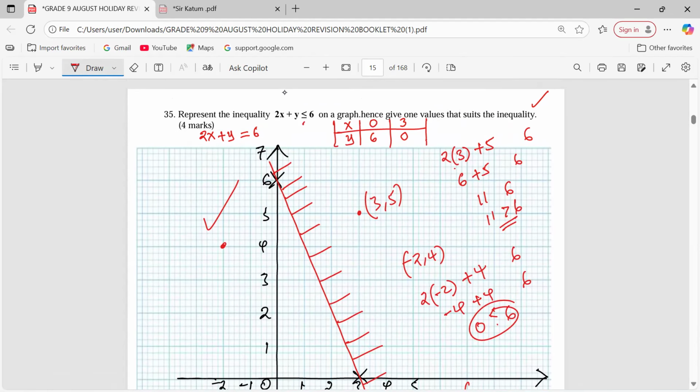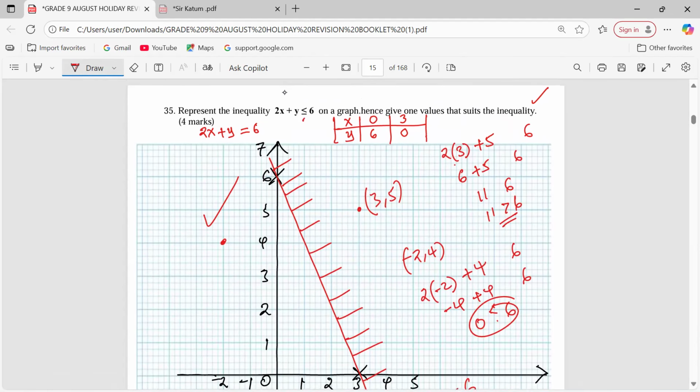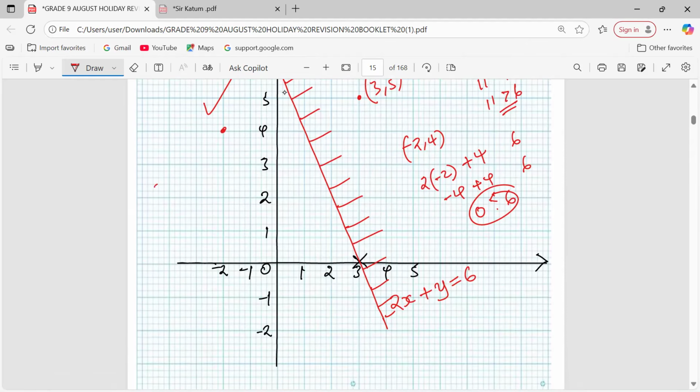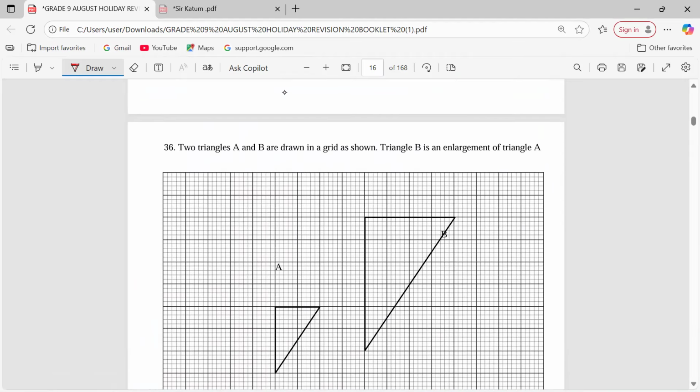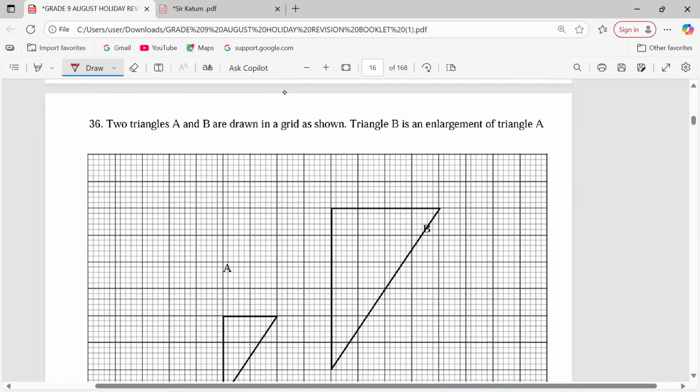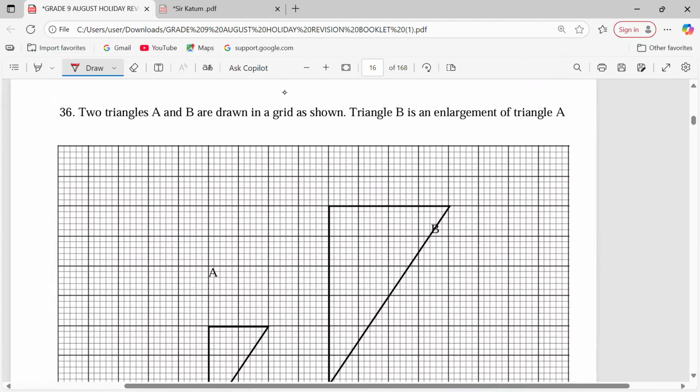Hence, give one value that suits the inequality. When x is negative 2 and y is positive 4, that's a point. Those are points which satisfy the inequality. We pick any point now on the required side. So that's how we are supposed to answer that part of the question.